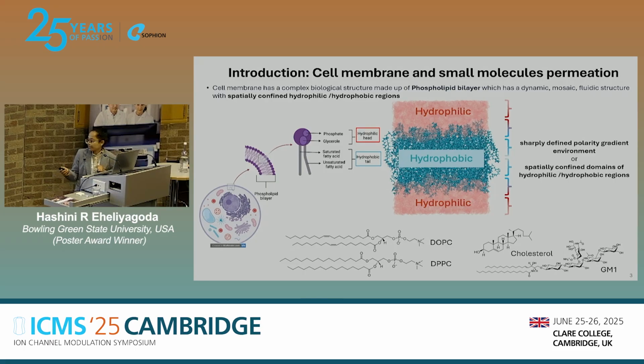You can see the hydrophilic head groups and the hydrophobic tail groups. And because of the self-assembly nature of these phospholipids, they make a hydrophobic center region, and a hydrophilic extracellular and hydrophilic intracellular region.